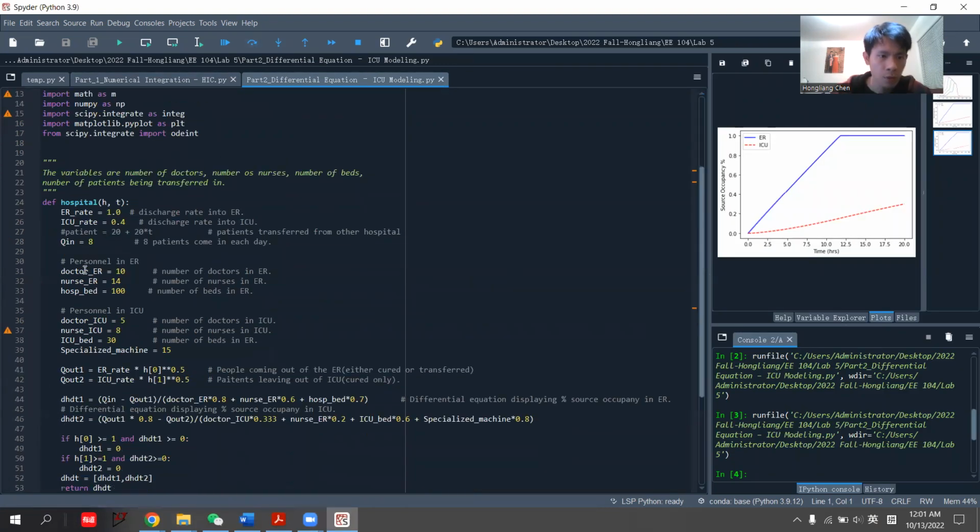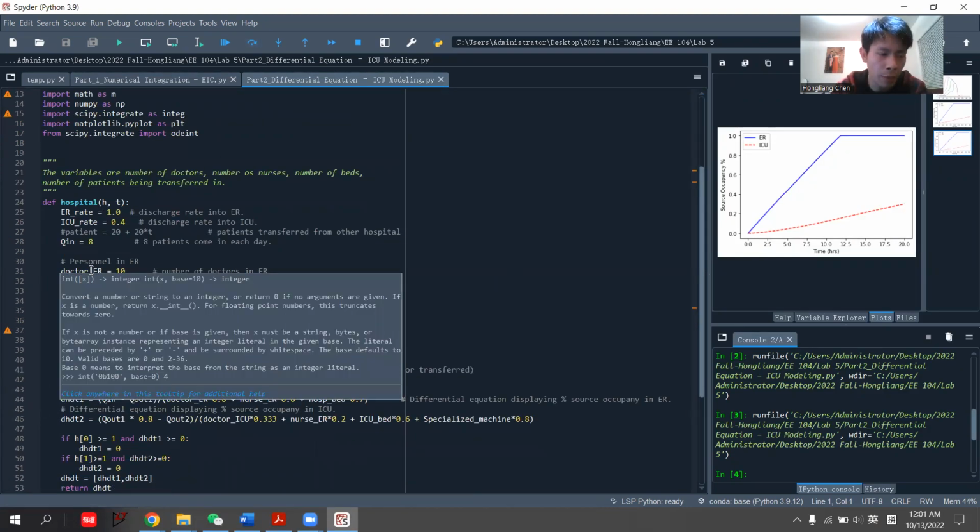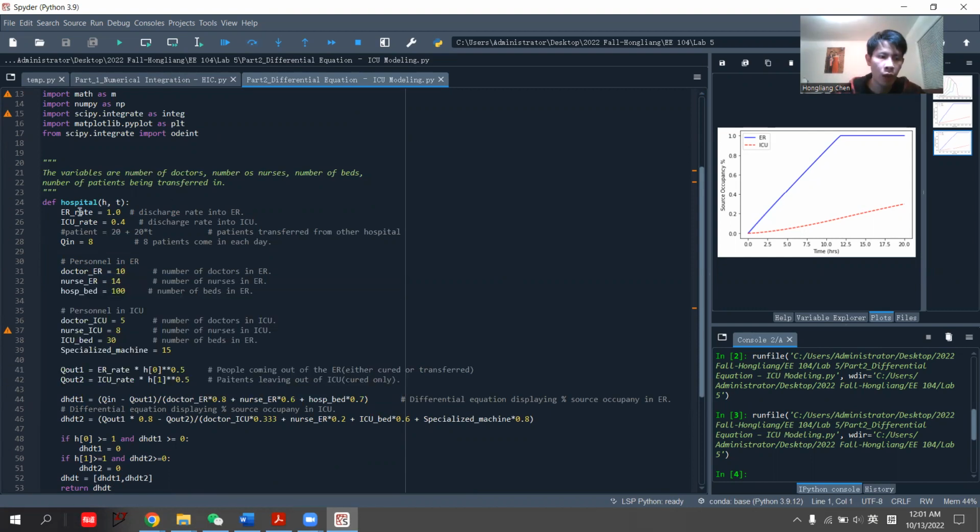As we learned from the modeling on the given website in the lab requirement, we have ER rates for each person sent into the hospital emergency unit who can get out because they are totally cured.